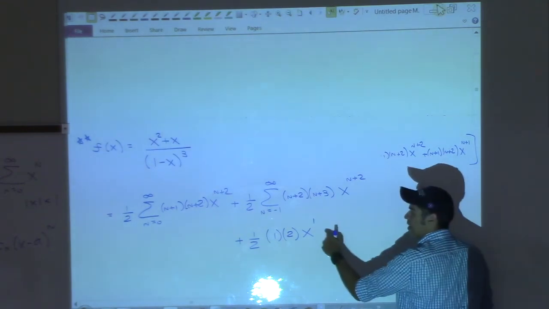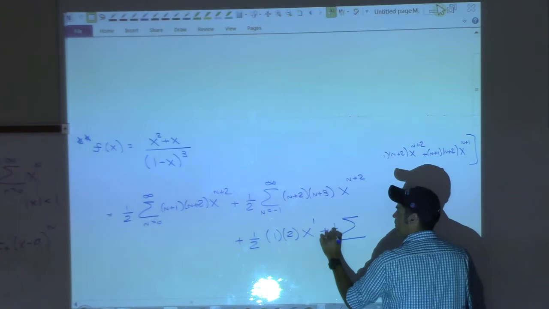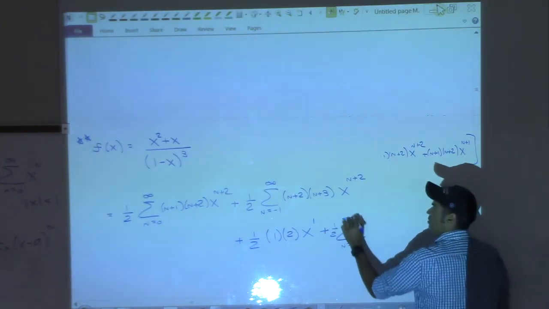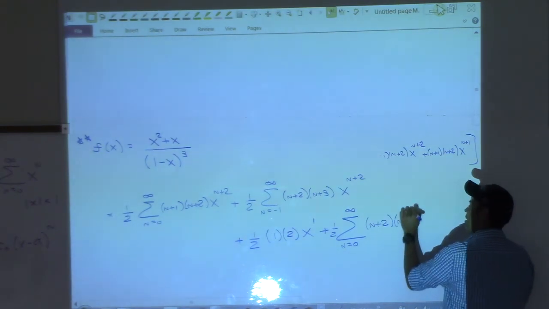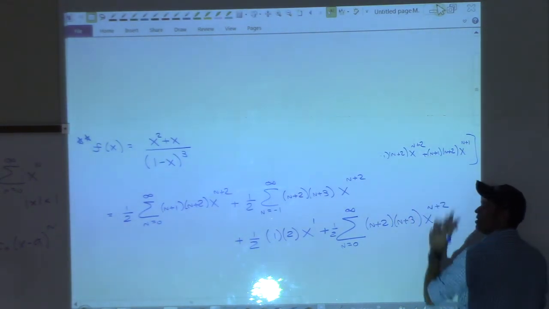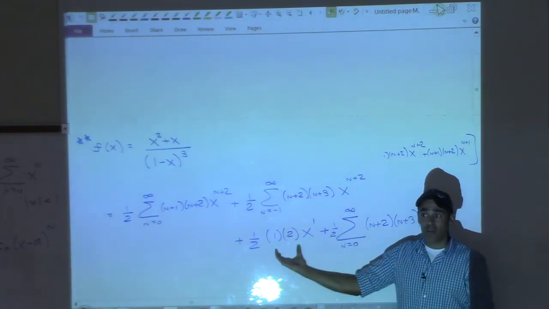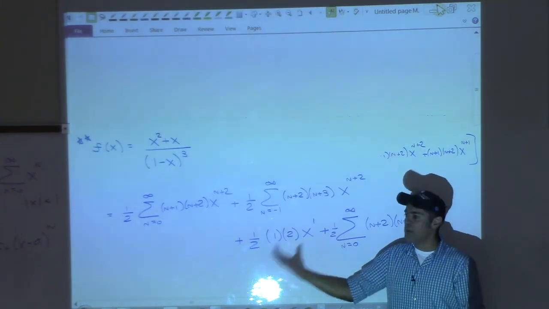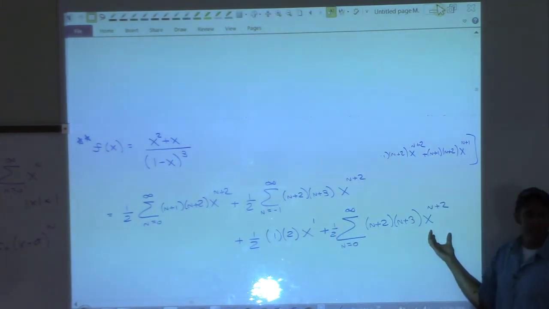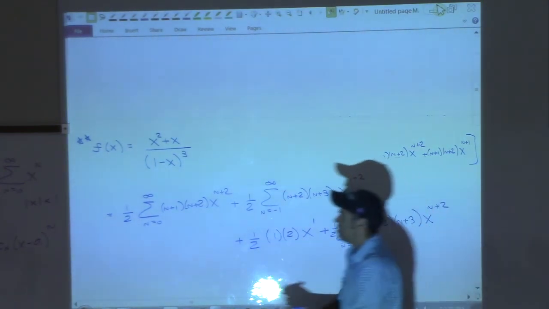So instead of me writing the next one, I'm going to write now my sum goes from 0 to infinity, n plus 2, n plus 3, x to the n plus 2. So essentially what we've done is taken this and peeled off the first term of it, just the first term, and then rewrote the rest of the terms as the sum. That seem valid? And then out here we still have this one.